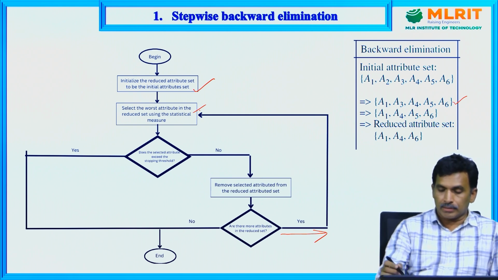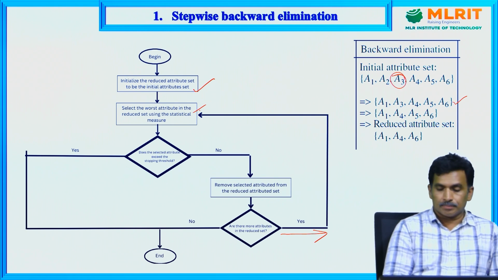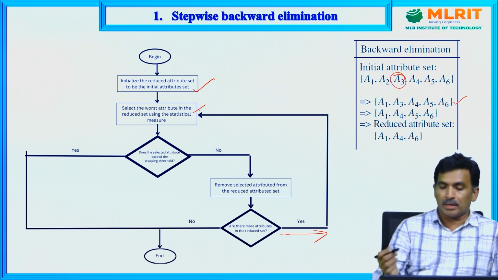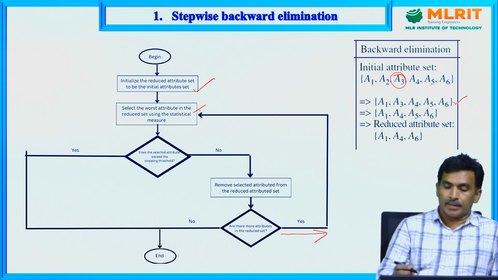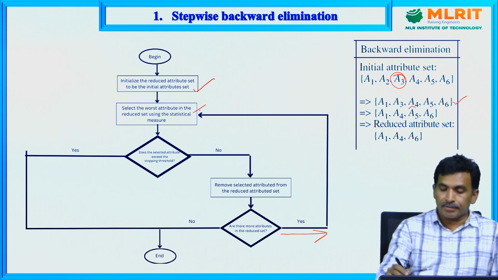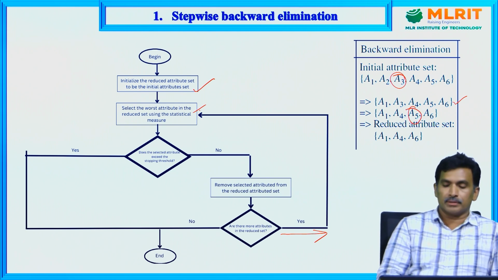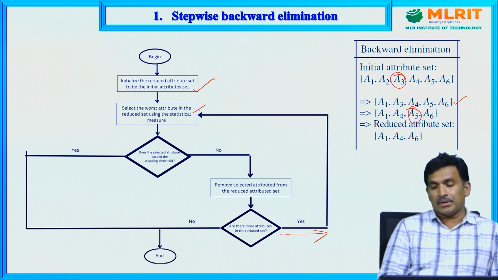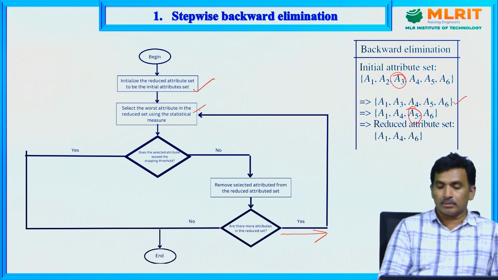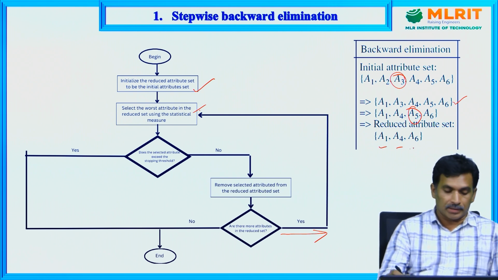From this you can see the worst attribute A3 is removed from this initial set, and then A5 is also removed in the next iteration. So finally the reduced attribute set is going to have three attributes: A1, A4 and A6.